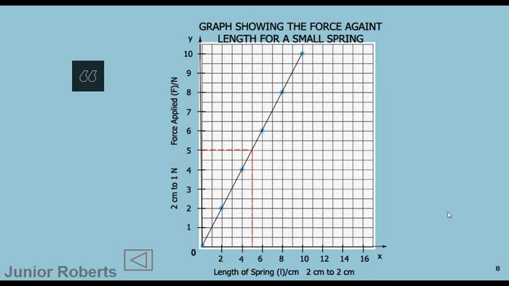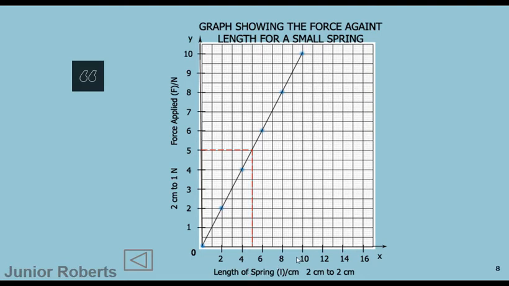Just as I mentioned before, just as we can find a value on the x-axis that corresponds with a value on the y-axis, we can also find a value on the y-axis that corresponds with a value on the x-axis. So let us say I choose a value on the x-axis. In this case, I choose 9 centimeters, and I want to know the force that will give us a length of 9 centimeters.